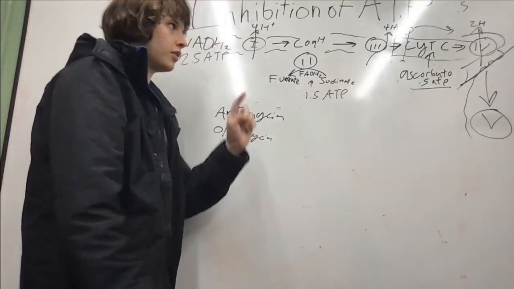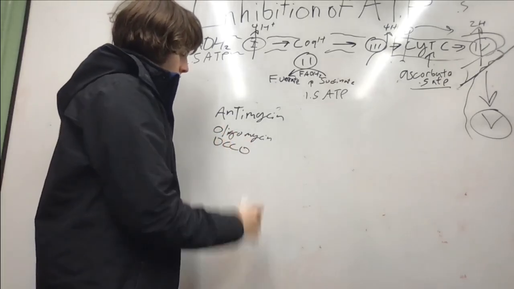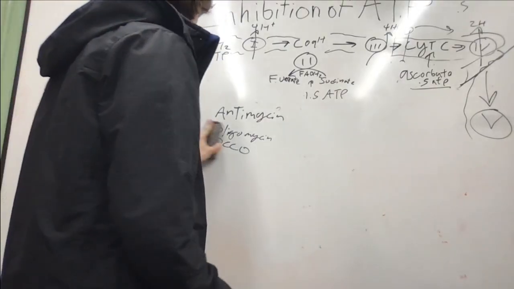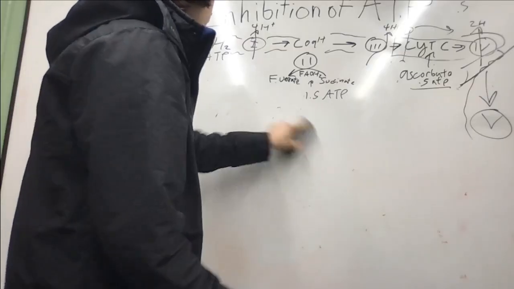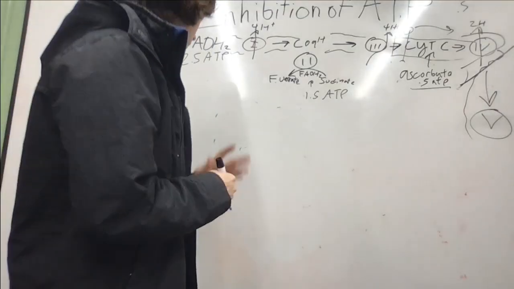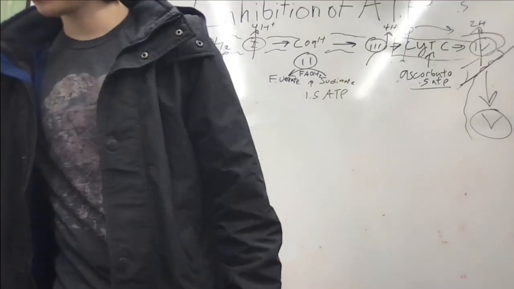Oligomycin is actually an ATP synthase inhibitor, and one you need to know. There's also DCCD. Both these inhibit ATP synthase, which if you inhibit ATP synthase, well, you can't synthesize ATP, you're left with 0, right? Okay, so sorry about that.